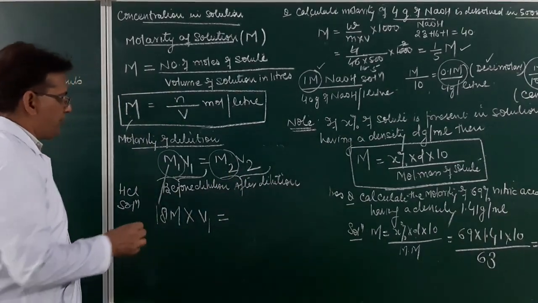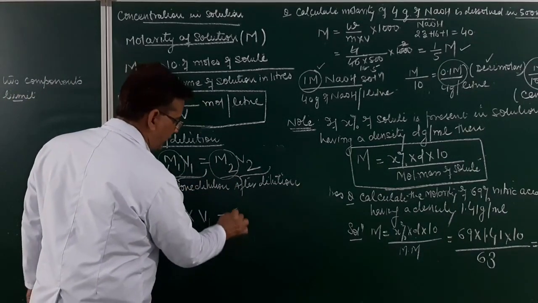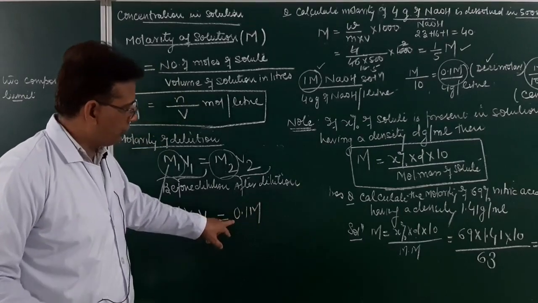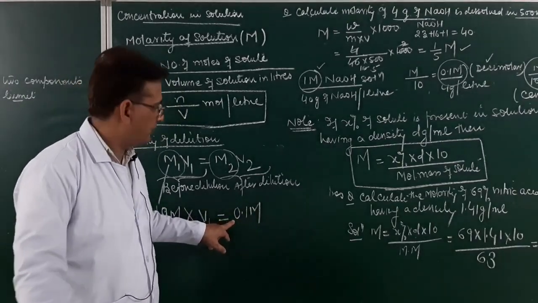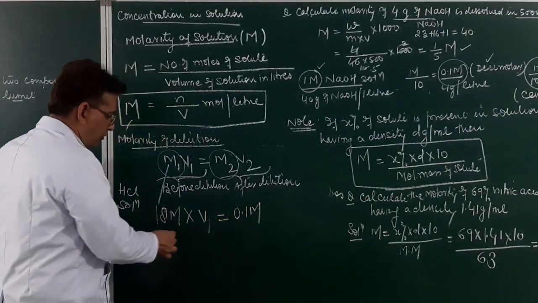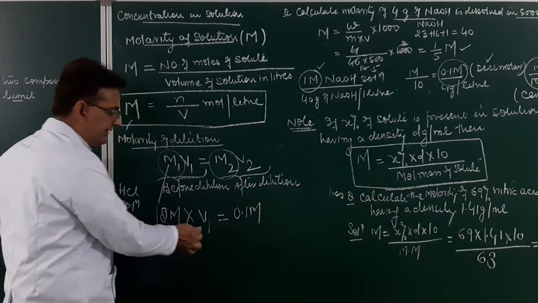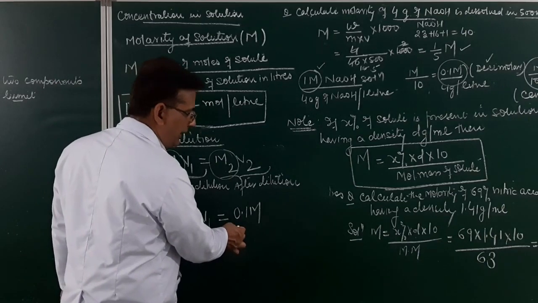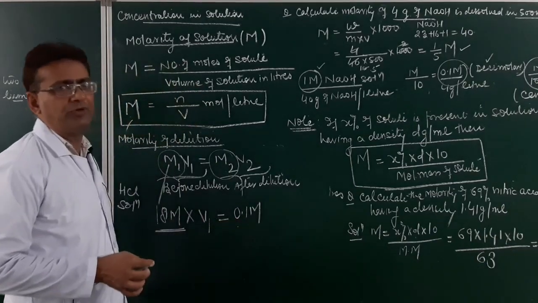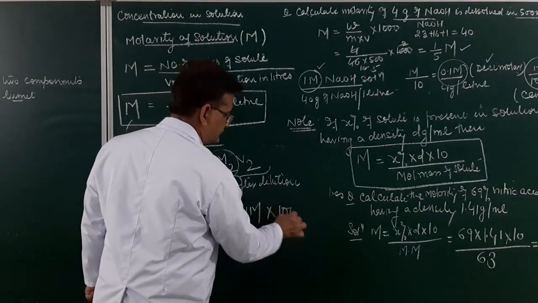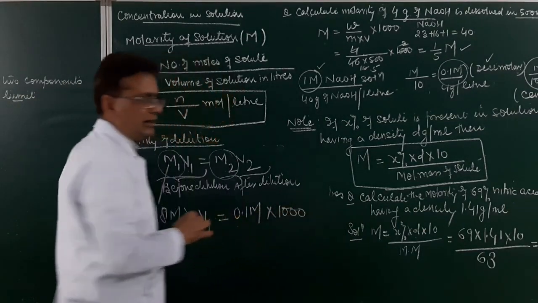Suppose I want to prepare 0.1 molar solution of HCl to give to the student. Now my question is, what volume of this standard HCl solution is required to prepare 0.1 molar solution if my requirement suppose is 1 liter? 1 liter means 1000 ml. Am I clear?